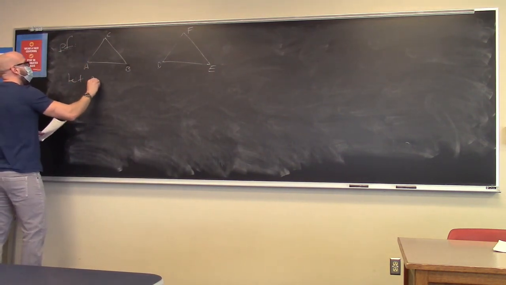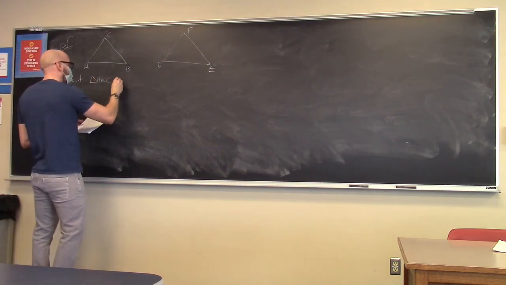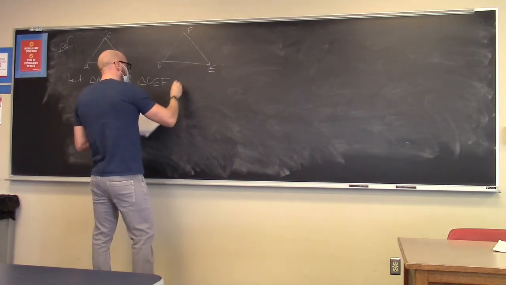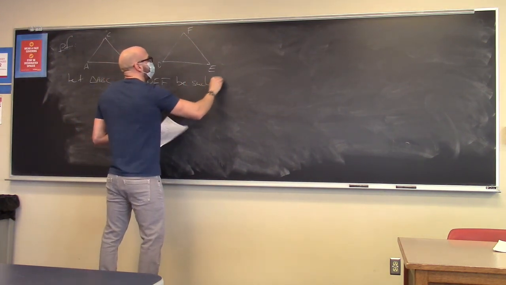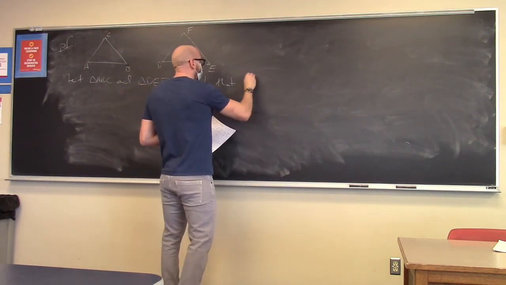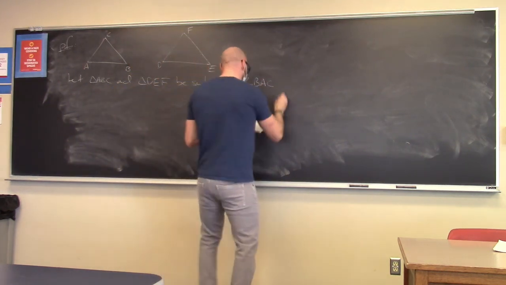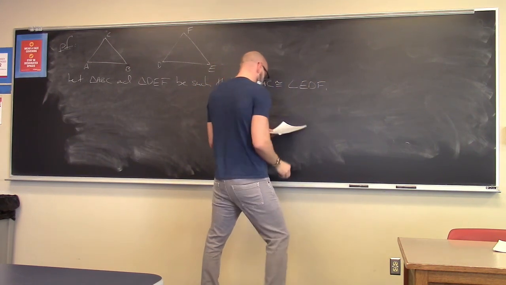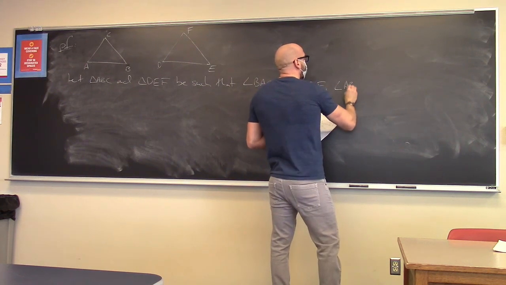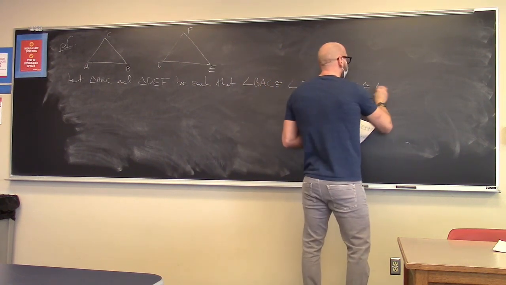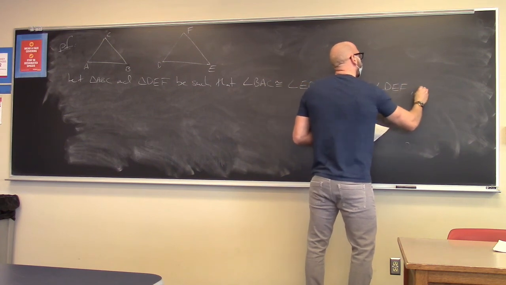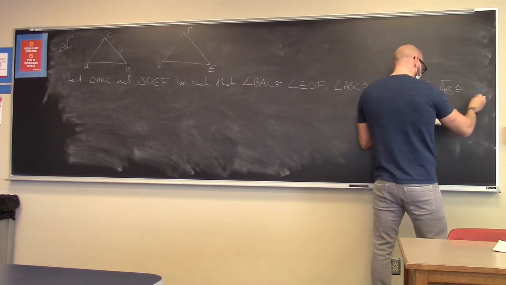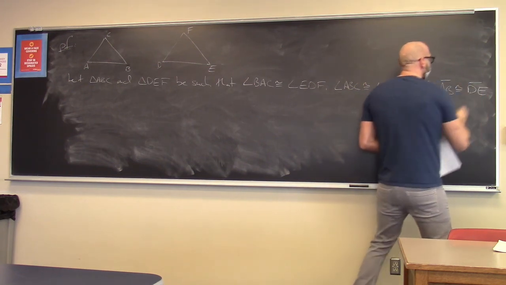Okay, so let's let triangle ABC and triangle DEF be such that angle BAC is congruent to angle EDF, angle ABC is congruent to angle DEF, and AB is the same length, or congruent, to DE.